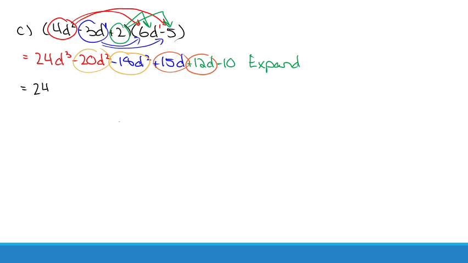So 24d to the third power, minus 38d squared, plus 27d, minus 10. So I'm trying to make these more difficult, but hopefully you're seeing they get longer, but they're not really more difficult.